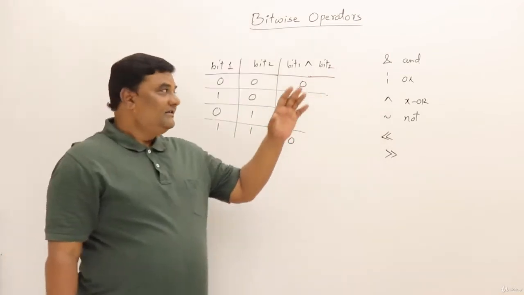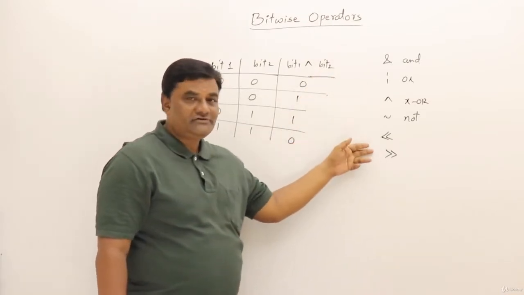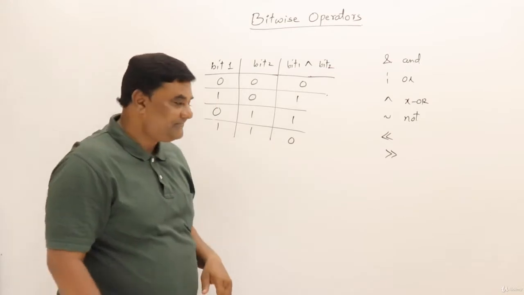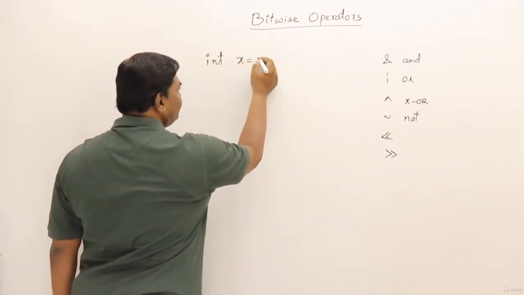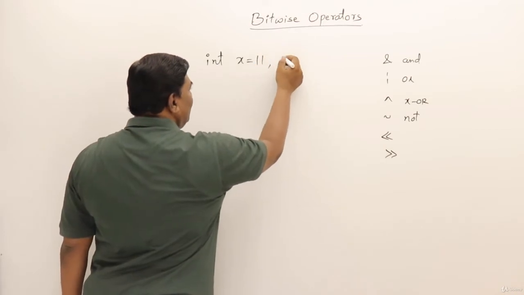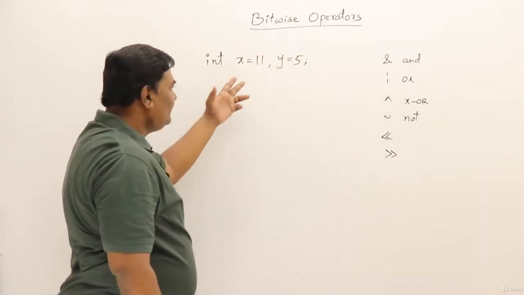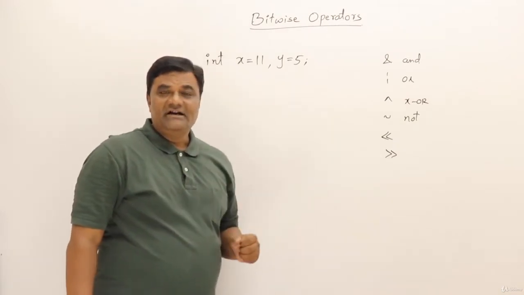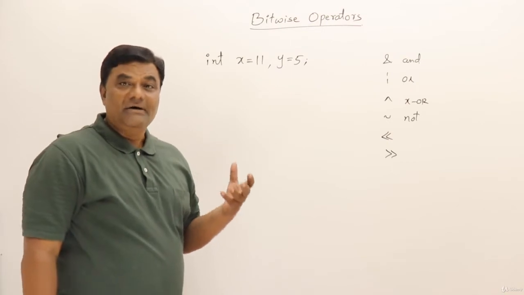Let us learn all these operations by using examples. While explaining that, I'll also explain the shift operations. Suppose I have integer variable x with the value 11 and y with the value 5. We know that these numbers are actually stored in binary form.